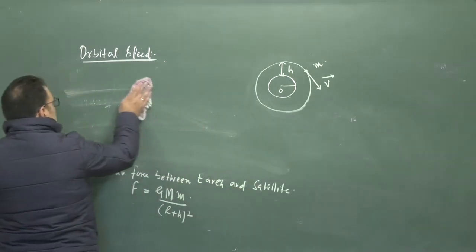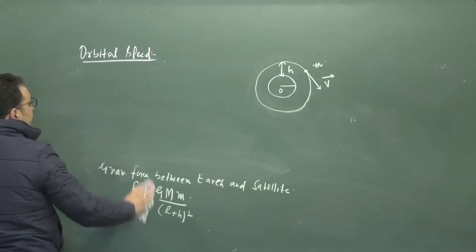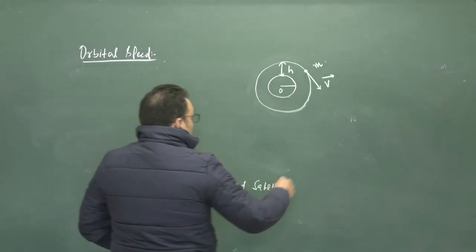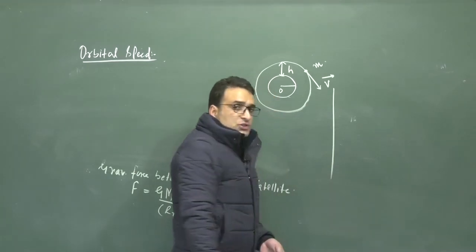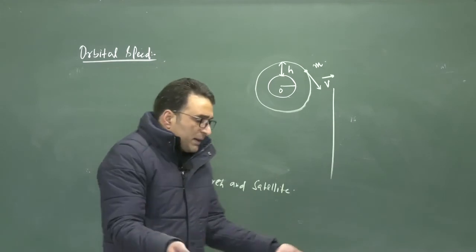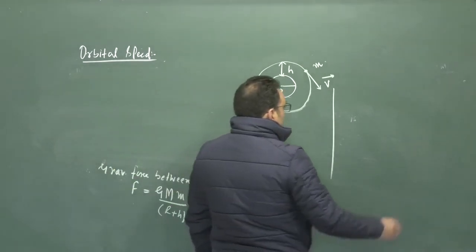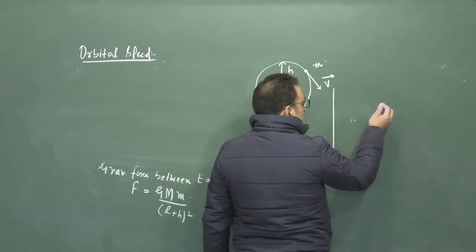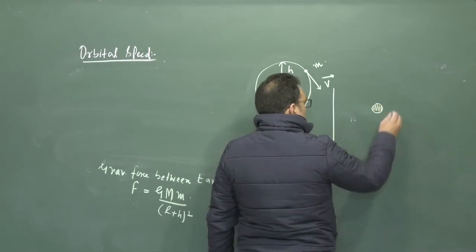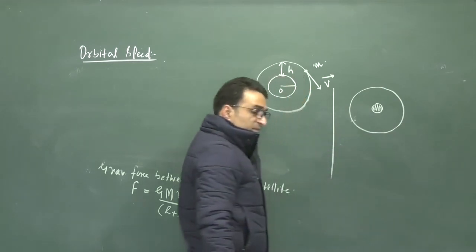Now in previous classes you might have read about the centripetal force. Centripetal force is a type of force on account of which the particle keeps on revolving in a circular path, along a path other than the straight line path. Now, if we talk of the atom, nucleus, the electrons are revolving around the nucleus in their respective shells.